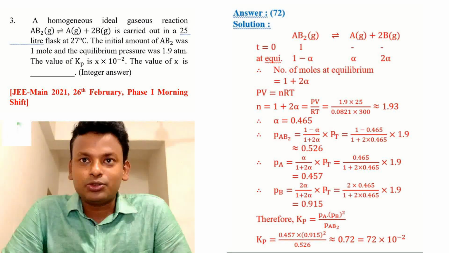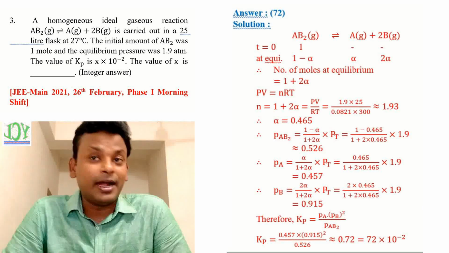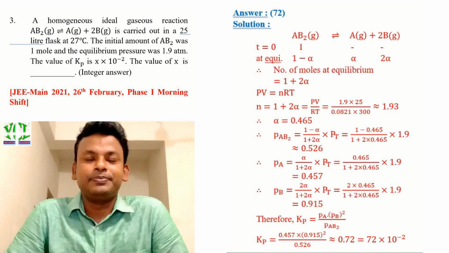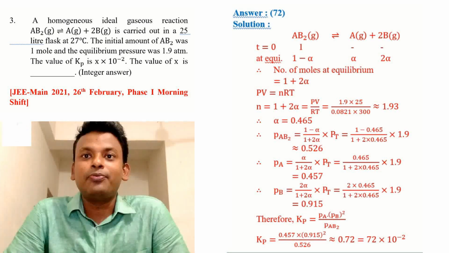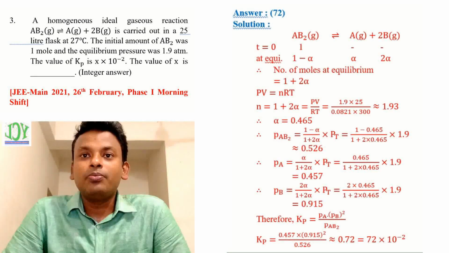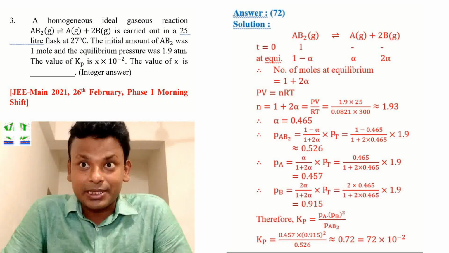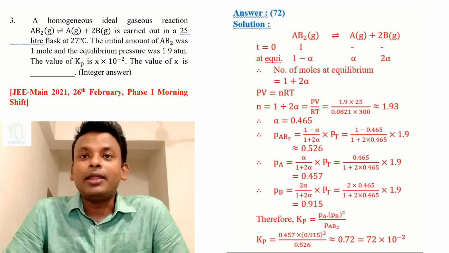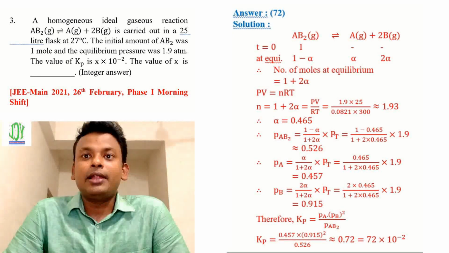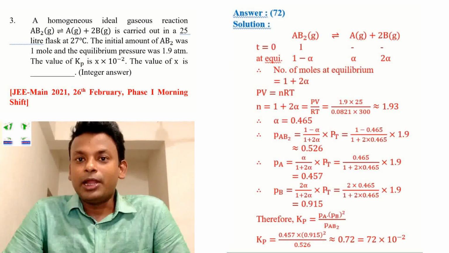So N, the total number of moles 1 plus 2 alpha, equals PV by RT. Putting in all the values, N equals 1.93, and here alpha equals 0.465. For partial pressure, we know it is the mole fraction into the total pressure. So putting in all the values, PA and PB are calculated, and so Kp equals 72 into 10 to the power minus 2.